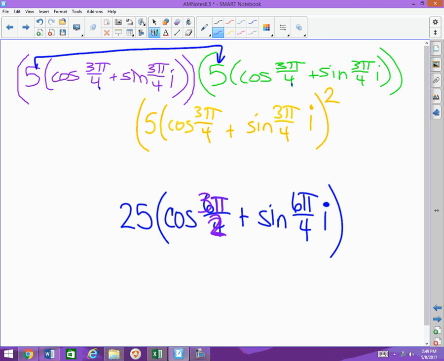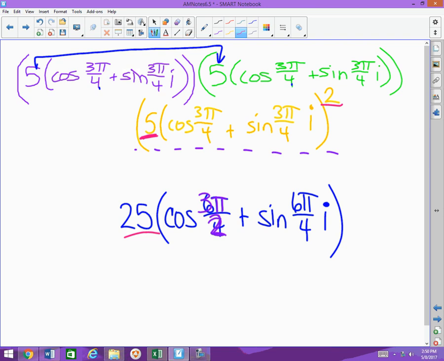Okay. Well, if you look at this being squared, how does this deal with that? You just square 5.